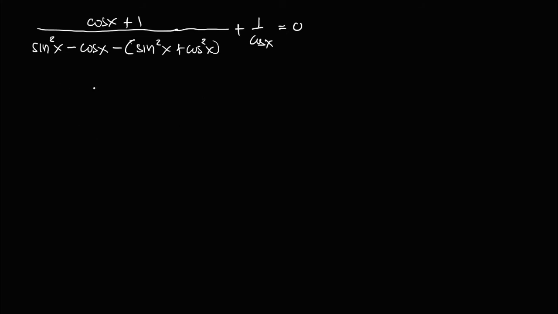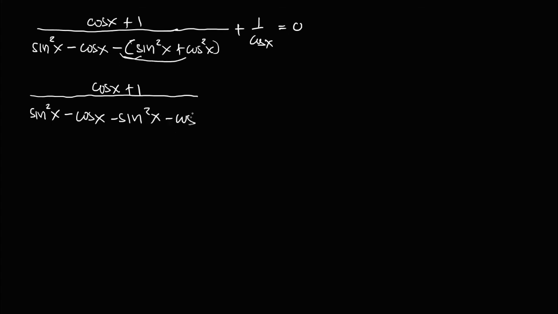Then simplify, so we have cosine x plus 1, then over this sine squared x minus cosine x, then distribute this negative, so that becomes negative sine squared x, then distribute, so negative cosine squared x, then plus 1 over cosine x, then equals 0.